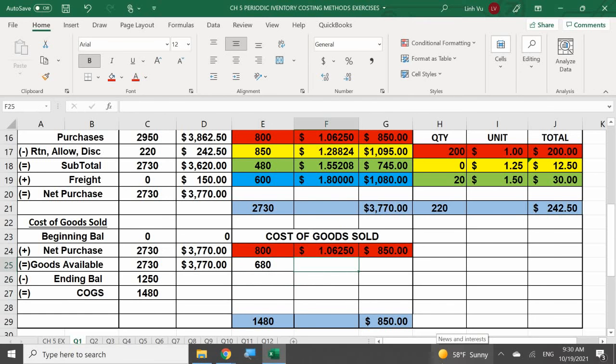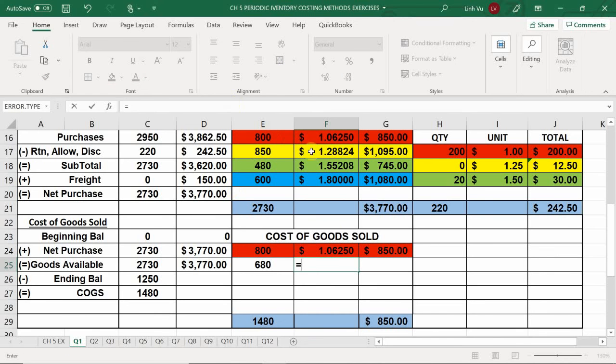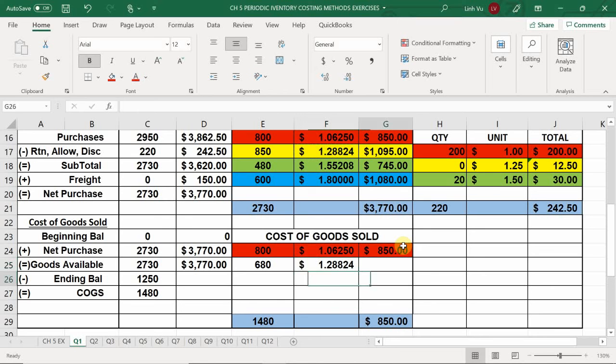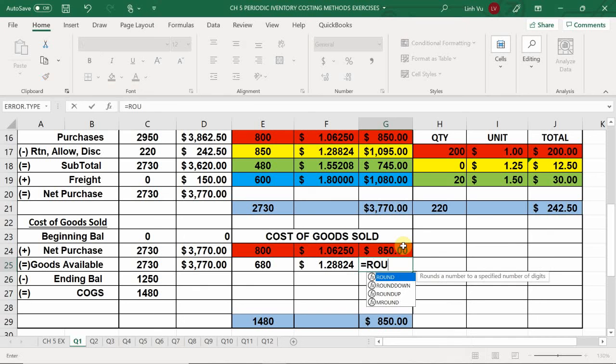Now that I'm looking at this, that means I can only take a portion of my yellow batch. In this case, it's going to cost me $1.28824. This is where your equal round formula is going to come into play because I do not want a nasty number. I want a nice, simple, rounded number.